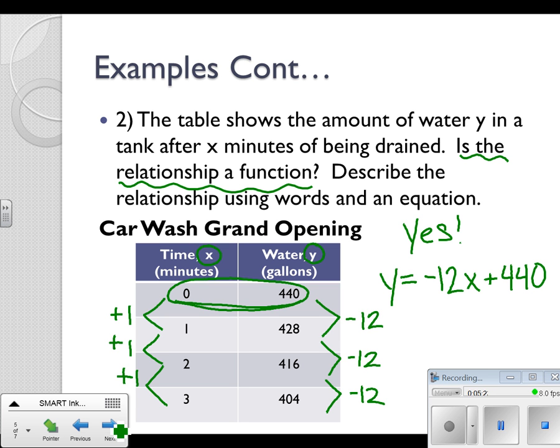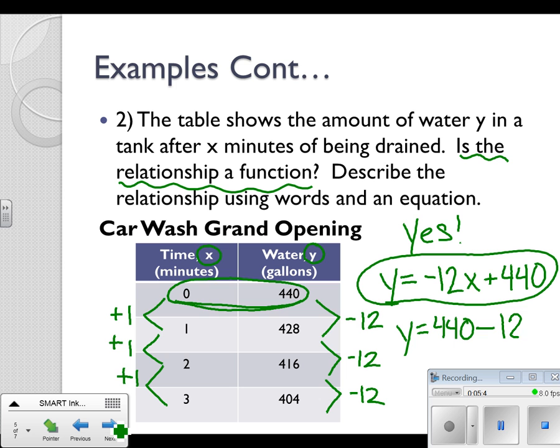And so this right here would represent that relationship. In words, I would say the amount of water started at 440 and went down 12 gallons per minute. You could also write this function as y equals 440 minus 12x, where it started at 440 and went down 12 per minute.